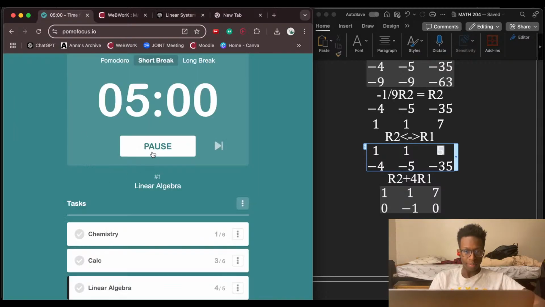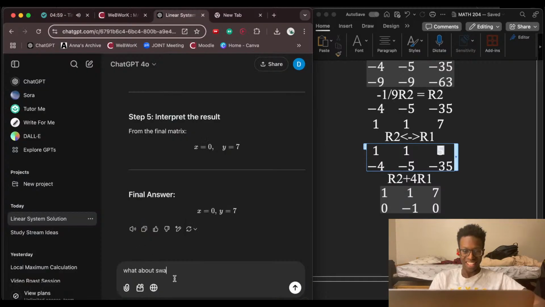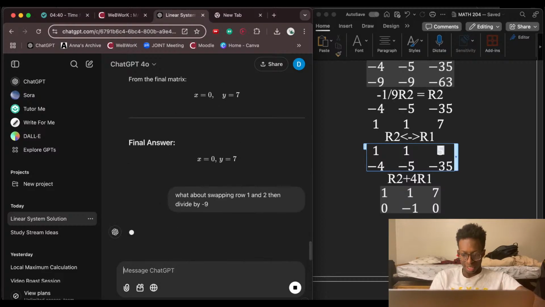I should have started the timer, but let's start the timer so we can have swapping row 1 and 2, then divide by -9.